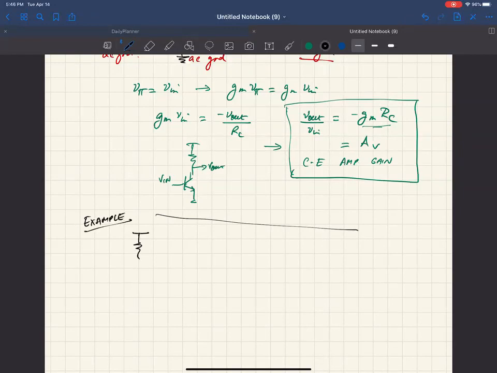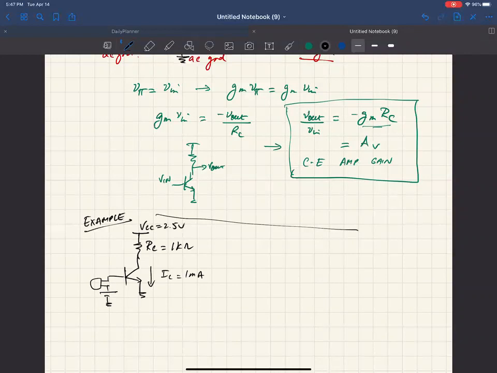We had an R sub C of 1 kΩ, and let's say we calculated the biasing and so on, and we had all that worked out, that the biasing current would be I sub C is 1 milliamp, say. And this supply VCC is 2.5 volts.